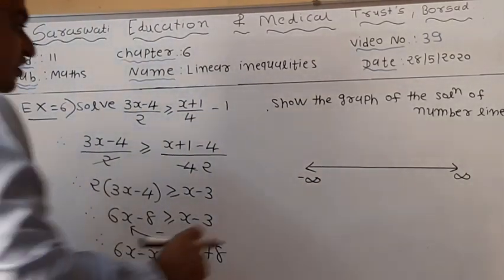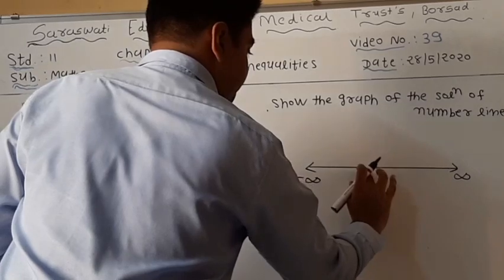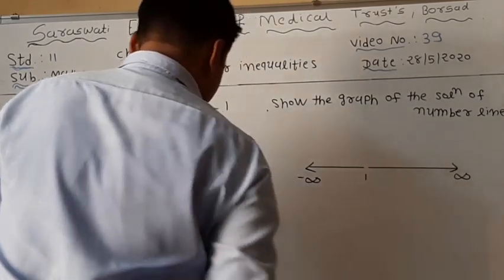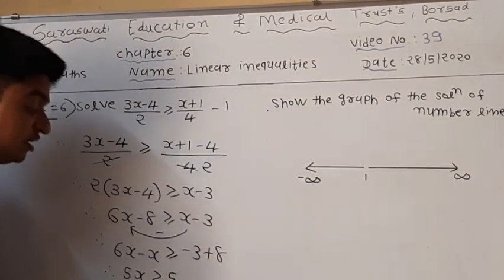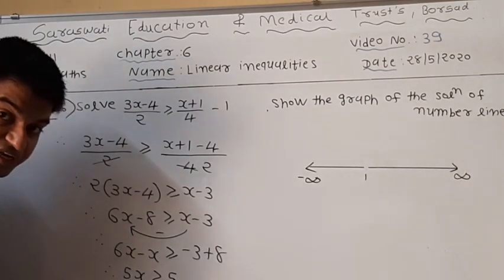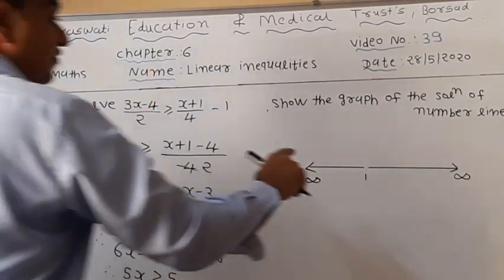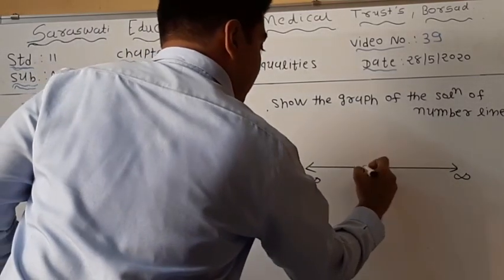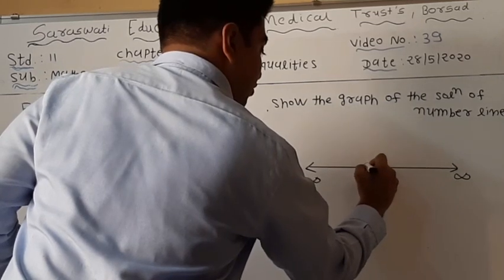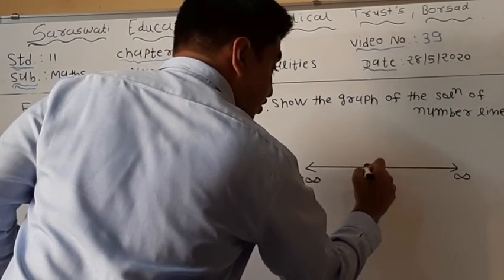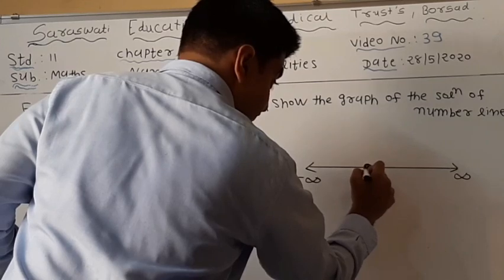Now here write 1. Okay, but here the greater than or equal to form is present. So here we draw a dark hole.